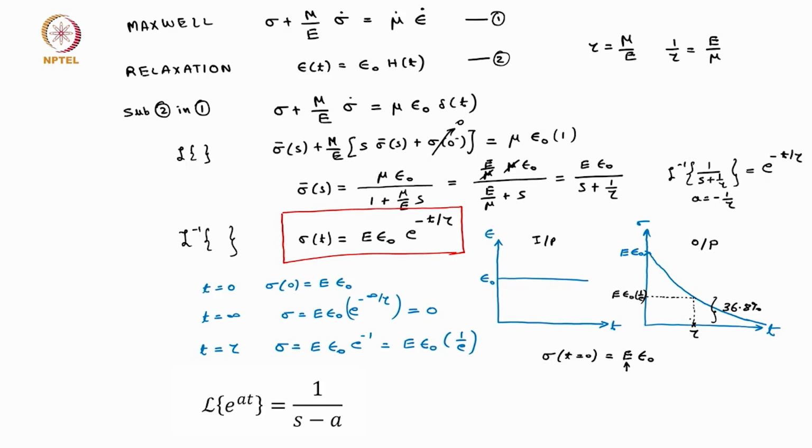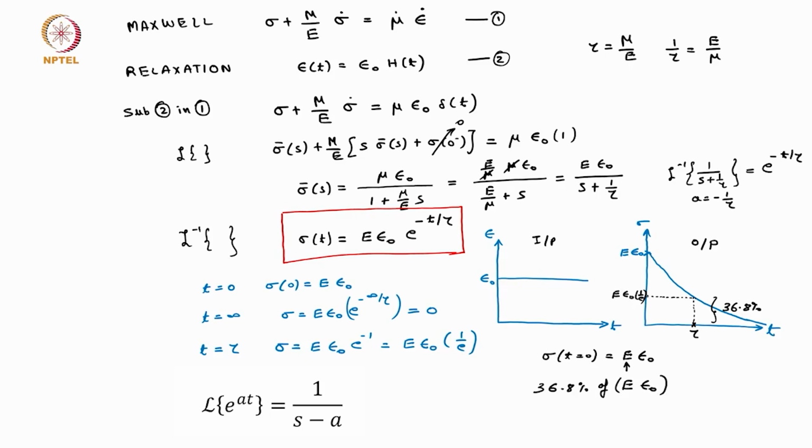Then what you do is you look at what is the stress value, which is 36.8% of the initial value. What is the initial stress? E epsilon naught.